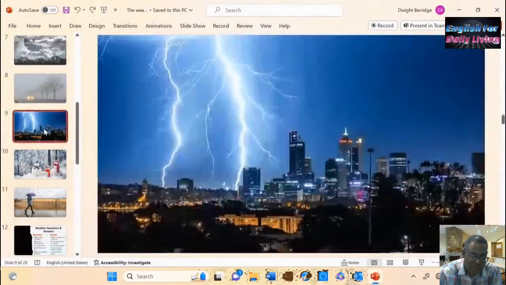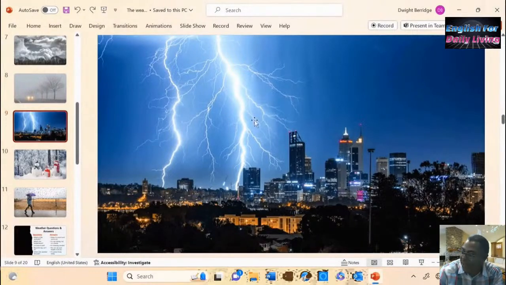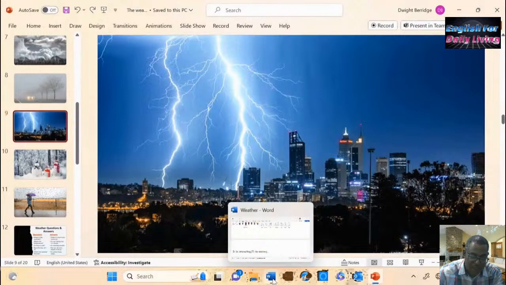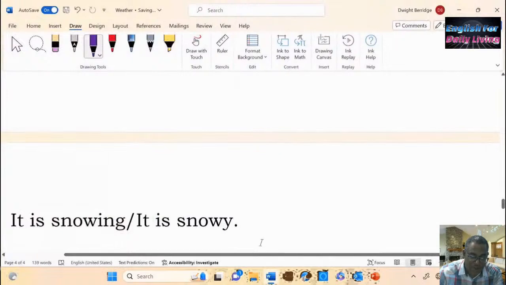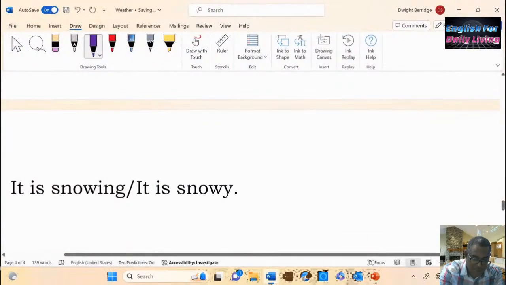And then we have the last one here. Oh, I think we missed this one here. What's the weather like? These are what we call thunder, and I'm sorry, lightning flashes, the bright streaks of light in the sky. So the expression would be, we have a storm coming through over here, wind blowing and so on. So we will say it is stormy.